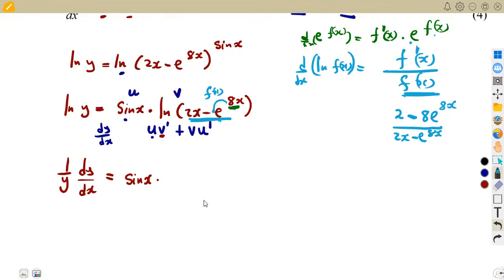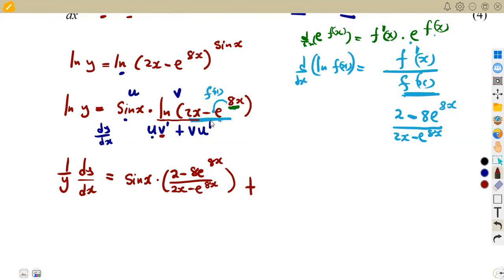So this is what we're supposed to obtain from this derivative of ln. We are obtaining 2 minus 8 e to the exponent of 8x, everything over 2x minus e to the exponent of 8x.